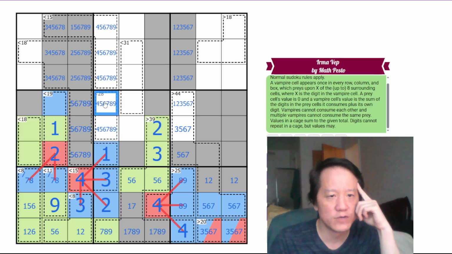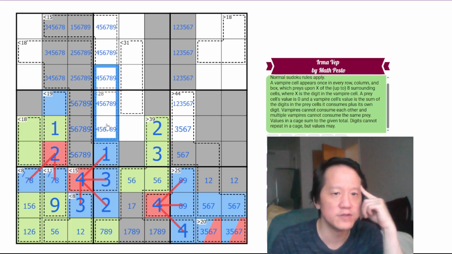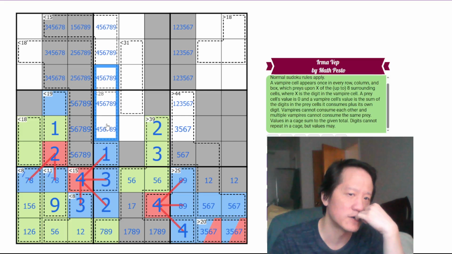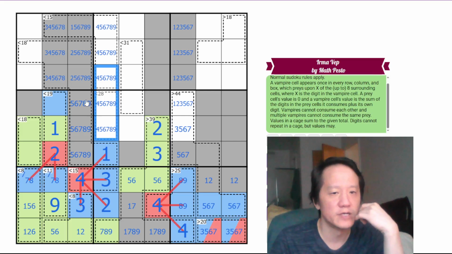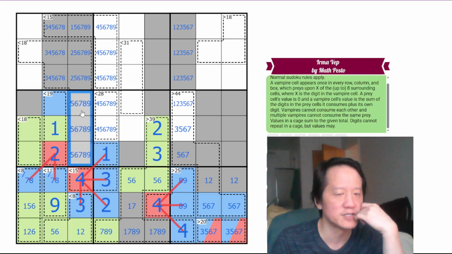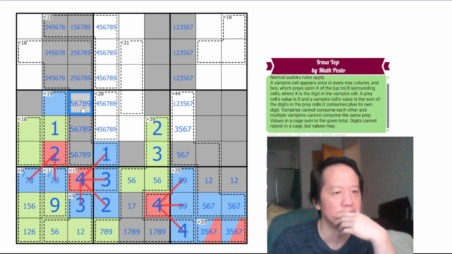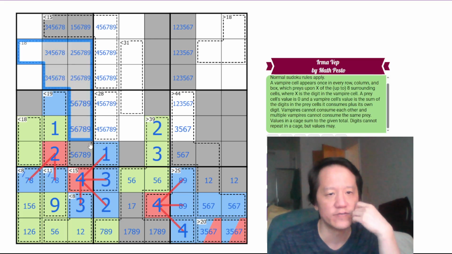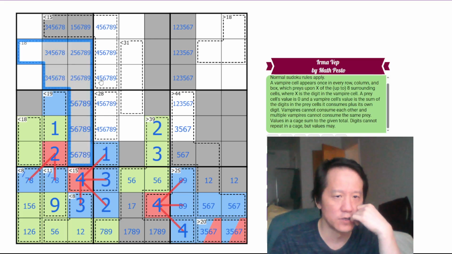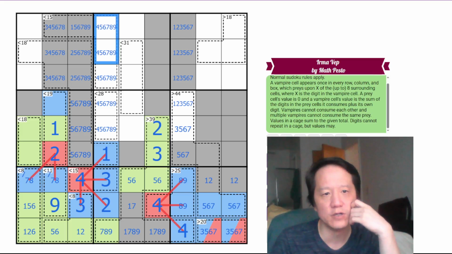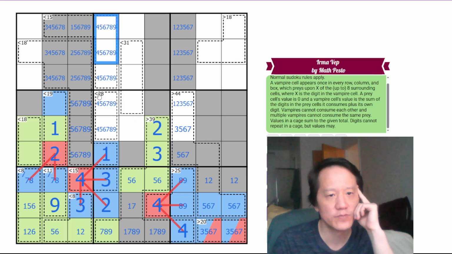So one of these 2 cells must... I guess one of these 3 cells must be a vampire. Right? Because by themselves alone, 5, 6, and 7 already add up to 18. And this is less than 18 in value. So neither of these can be... In fact, actually, what's the minimum here?